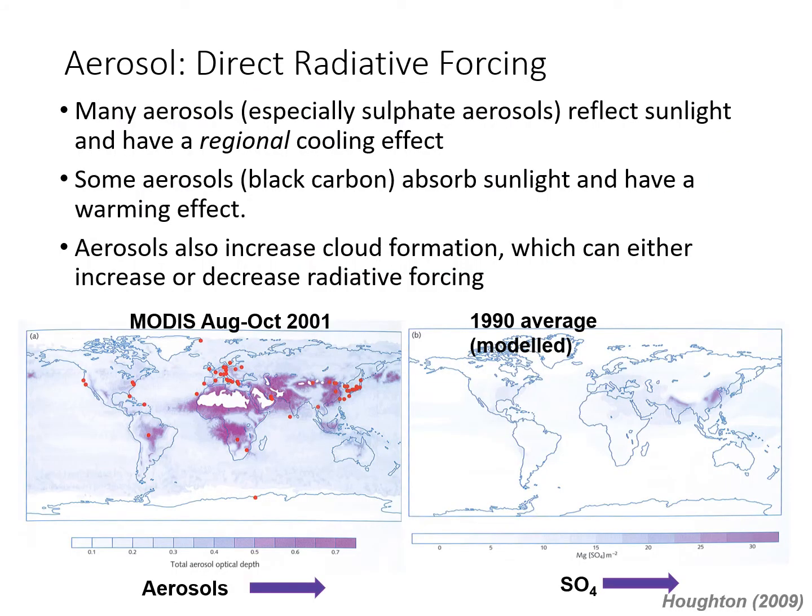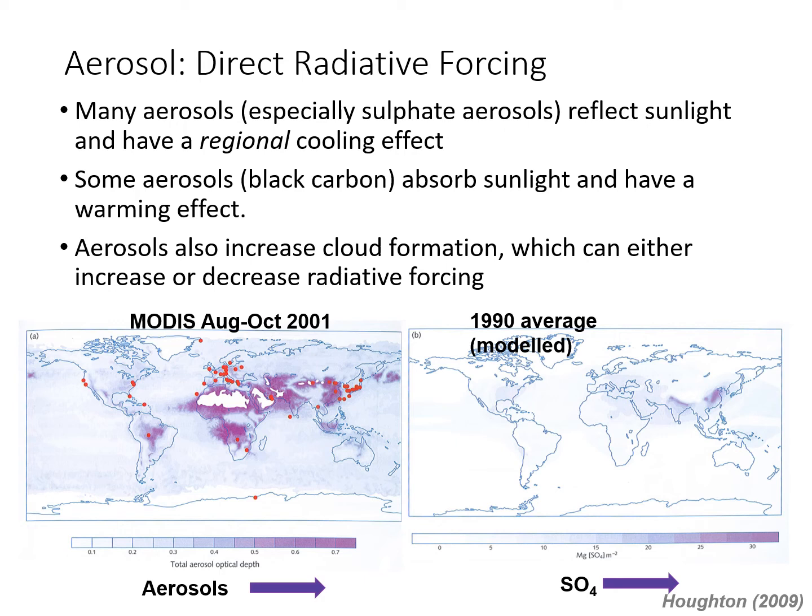The radiative forcing of aerosols is dependent on the type of aerosol. For example, black carbon, which we talked about already, leads to more long-wave energy being absorbed by the atmosphere, whereas sulfates lead to more reflection of incoming radiation. These maps show the distribution of aerosols on the left, and this is based on satellite data.